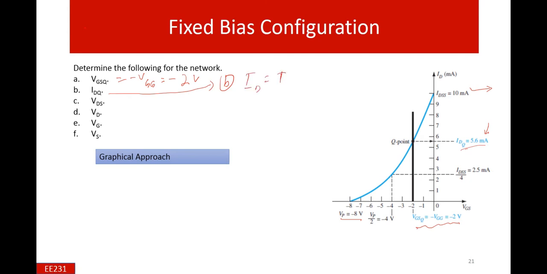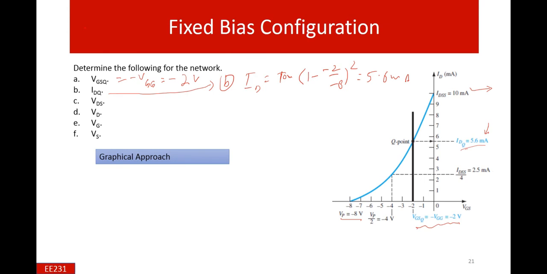This is 10 milliampere times 1 minus (minus 2 over minus 8) whole square, and we find it is 5.6 milliampere.